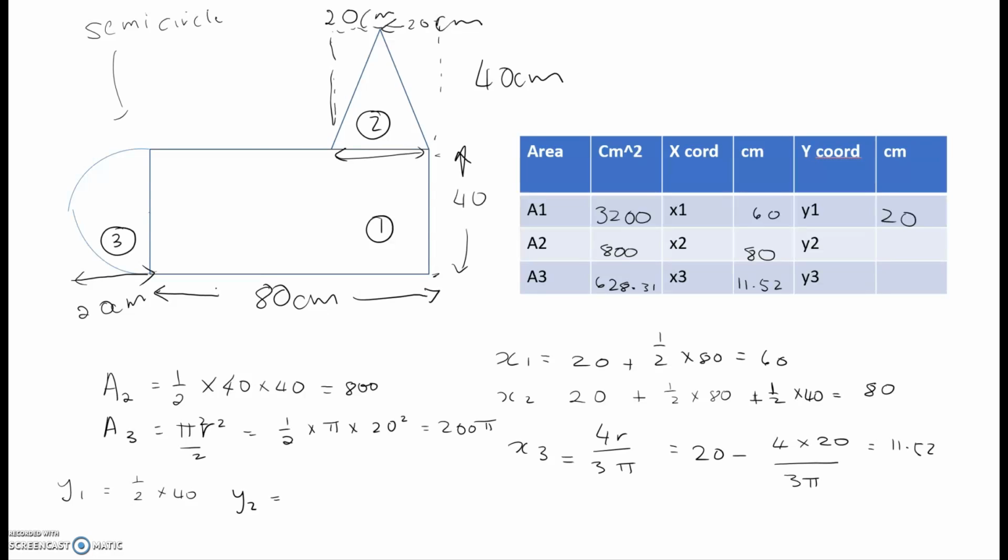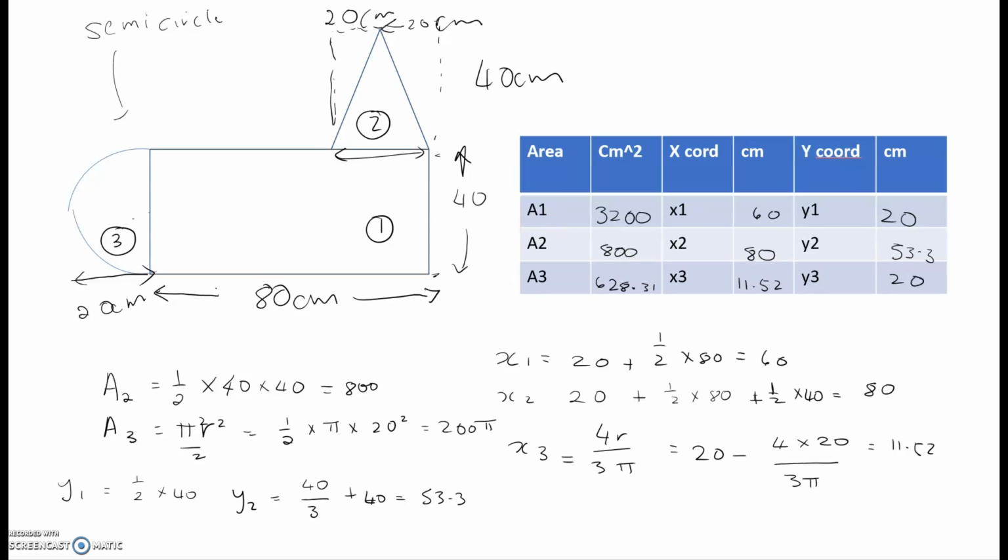So that's 40 divided by 3 plus halfway up this as well. So that's plus 40, which gives us some funny number, 53.3. And for A3, the corresponding y3 is just going to be halfway up, which is going to be 20.